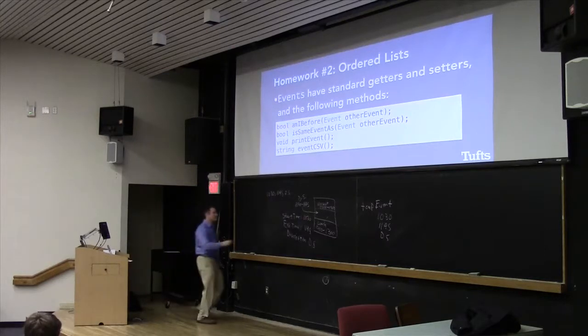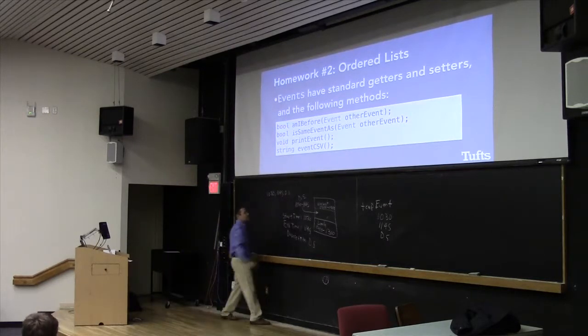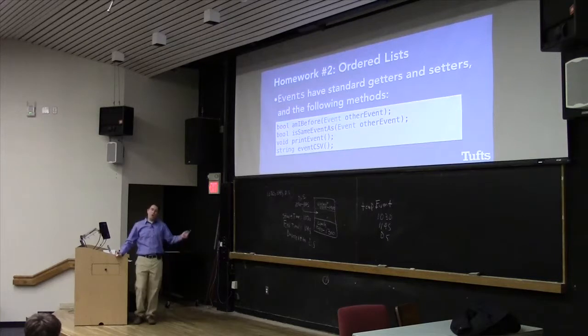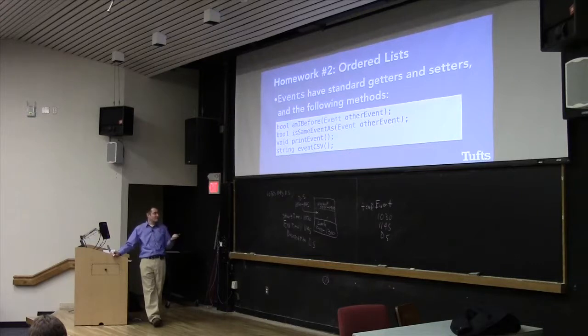And okay, the bigger question is, why do we even care about this? Why do I care about this comma separated value thing? When one computer talks to another computer, we've talked about this before, they need some way to pass data back and forth. One standard method for passing data back and forth is through the use of this comma separated value. Okay? So you might pass an event to, say, Google Calendar or something. And by the way, they do it a little more sneakily, but the idea is the same.